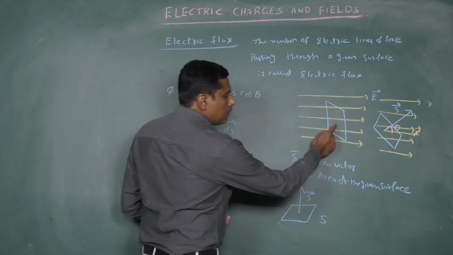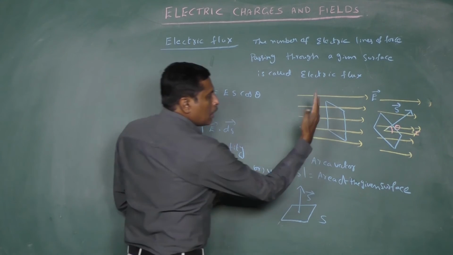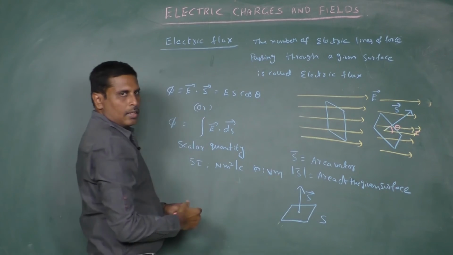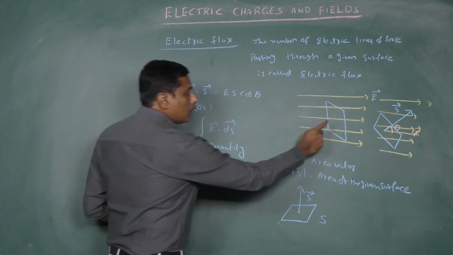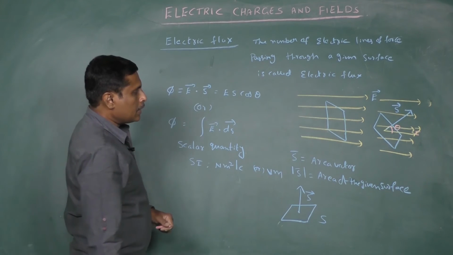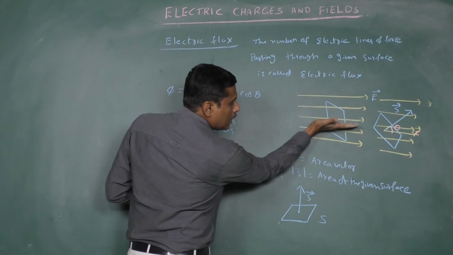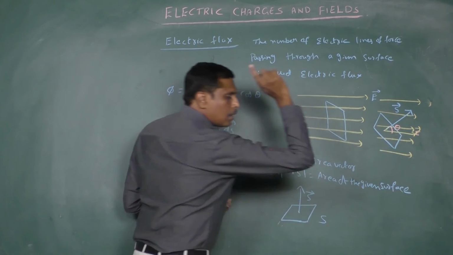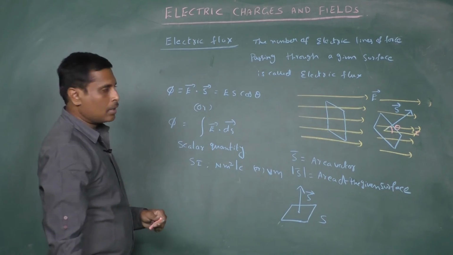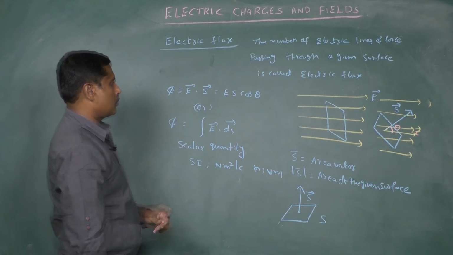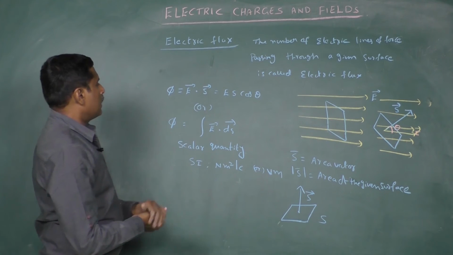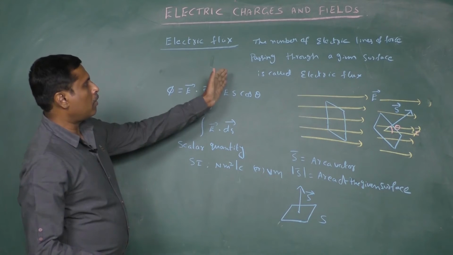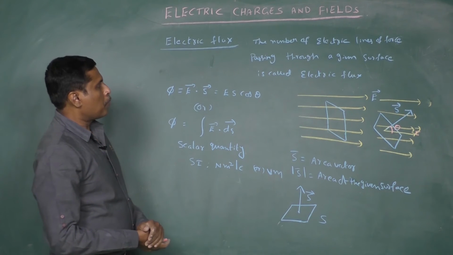Suppose this area is normal to the electric field, then theta becomes 0. If this area is parallel to the electric field, then theta becomes 90.